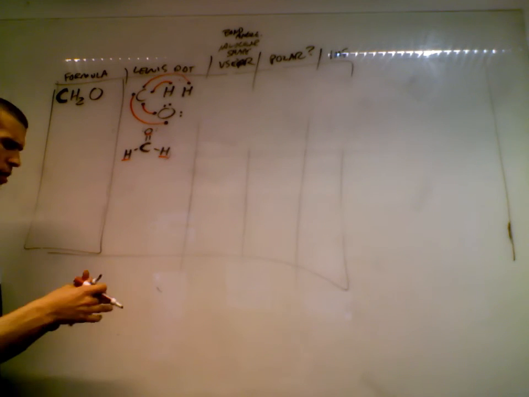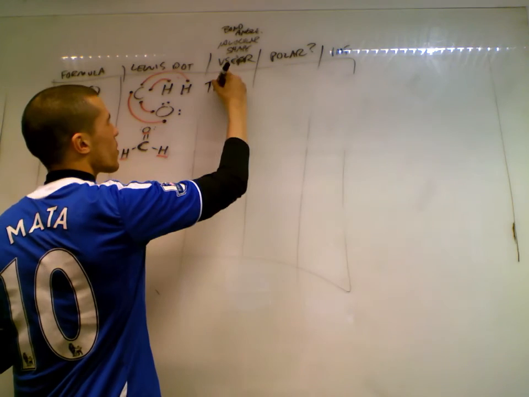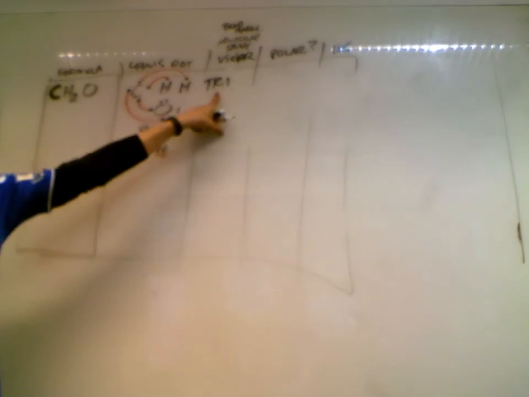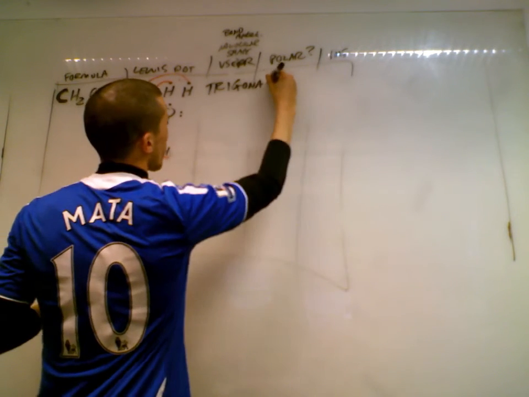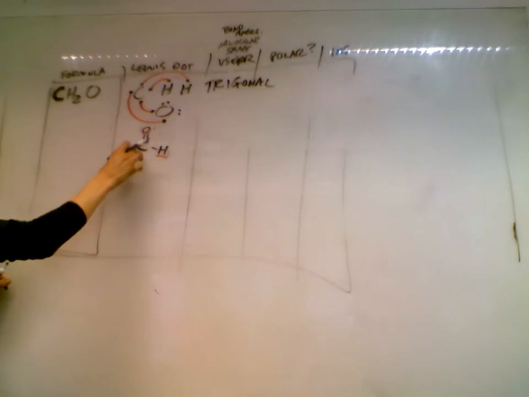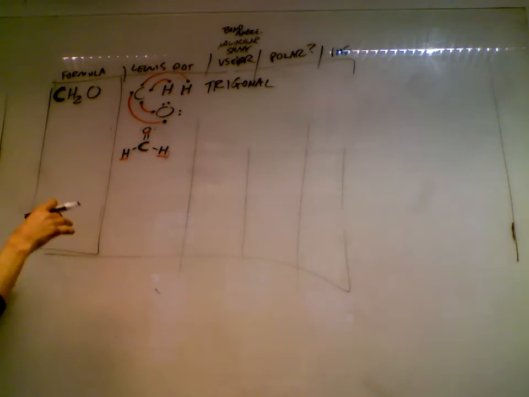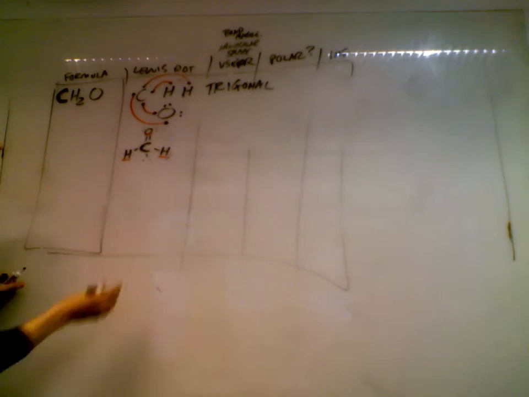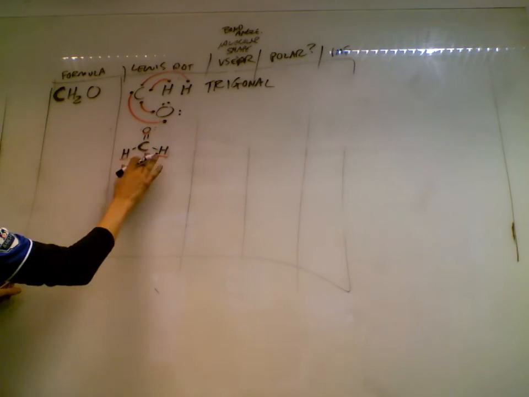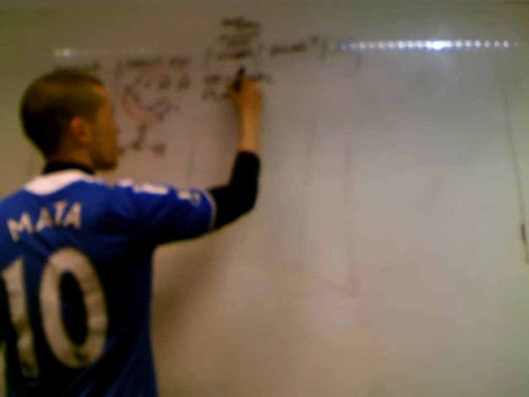So always start off with a tri. Trigonal. Now if it was pyramidal, it would need to push those 3 bonds down. If we had another lone pair right there, then it would push them back. But since we don't, now it's just flat. Yes, trigonal planar. And then that makes the bond angle what?